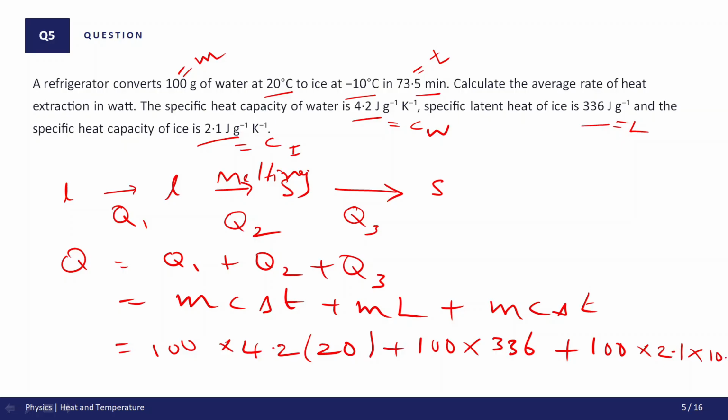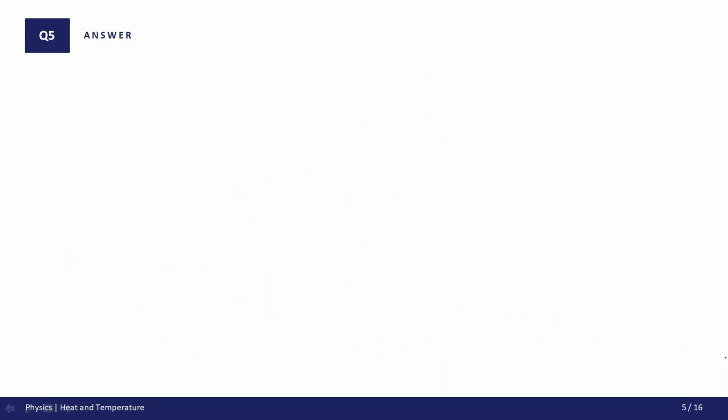Let's multiply. What we will get it here? 100 into 4.2 into 20. You will get 8,400.